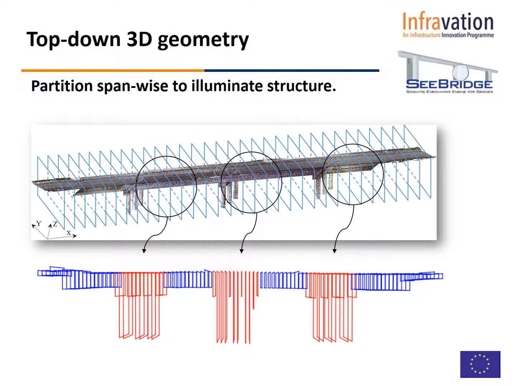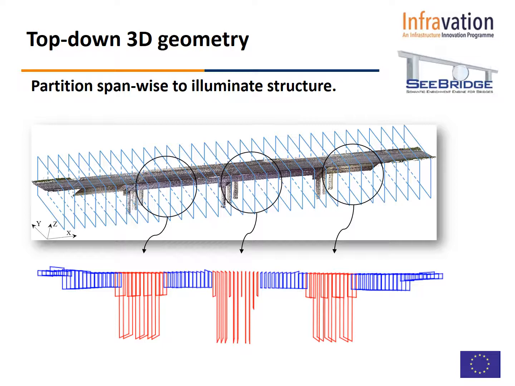The visualization here on the slide shows you one way that we can embed this top-down knowledge into the procedure. Consider a bridge that's aligned along the x-axis, and look at transverse cross sections along this span direction. What you can see at the bottom is that these cross sections will vary in their geometry depending on where we are in the bridge.